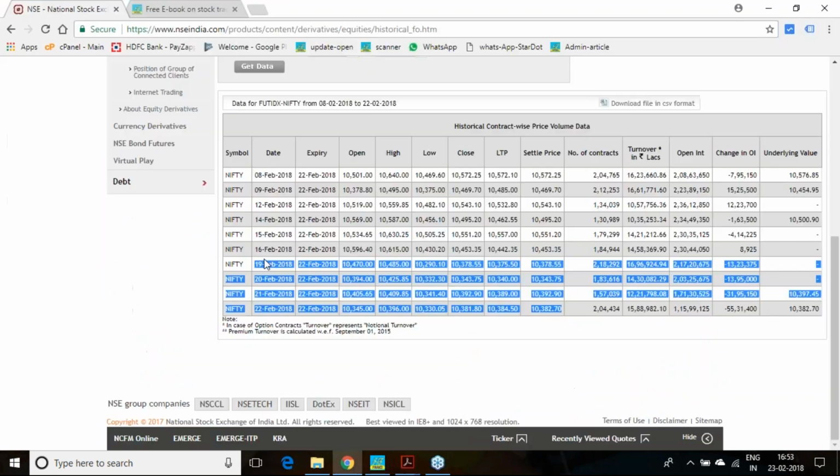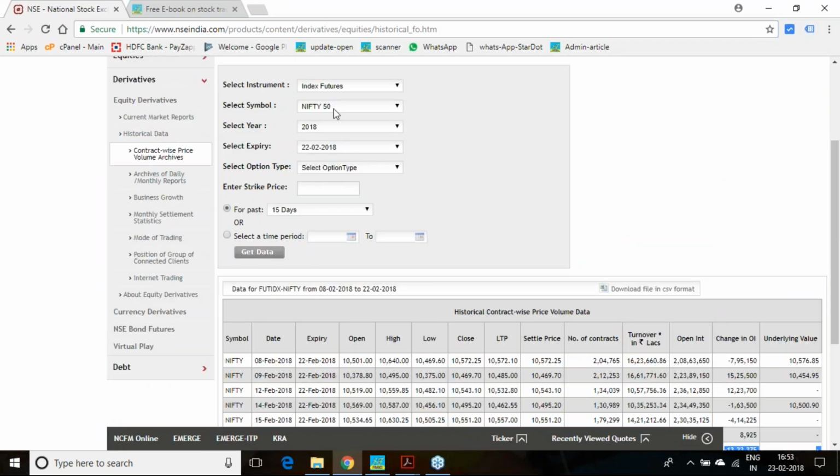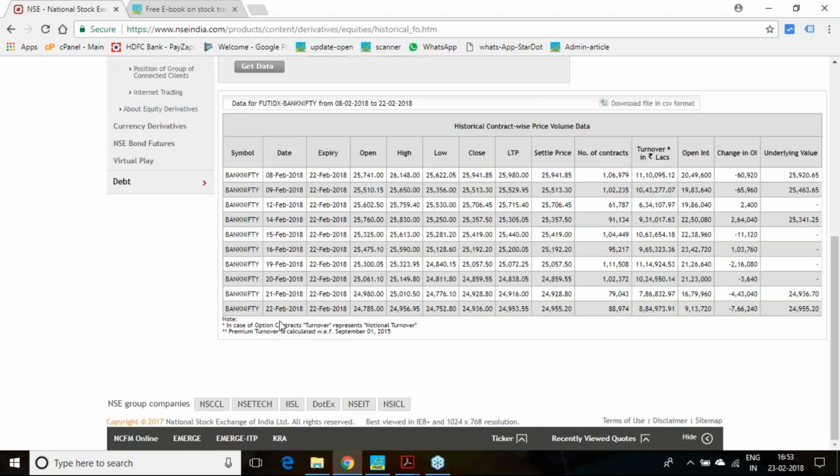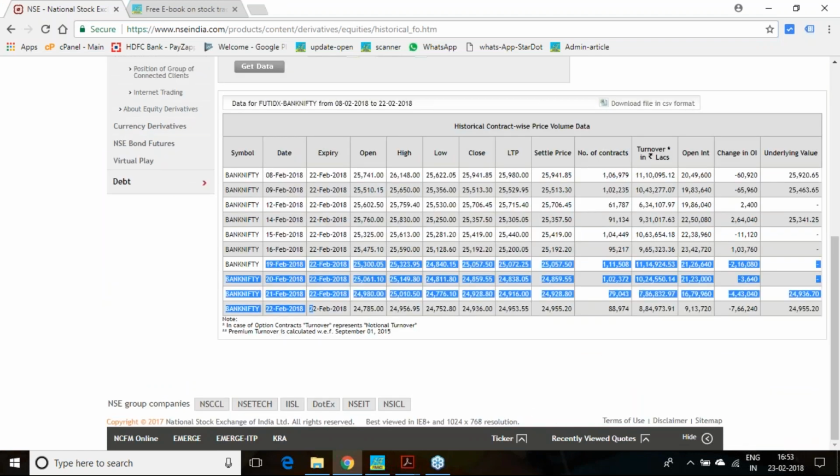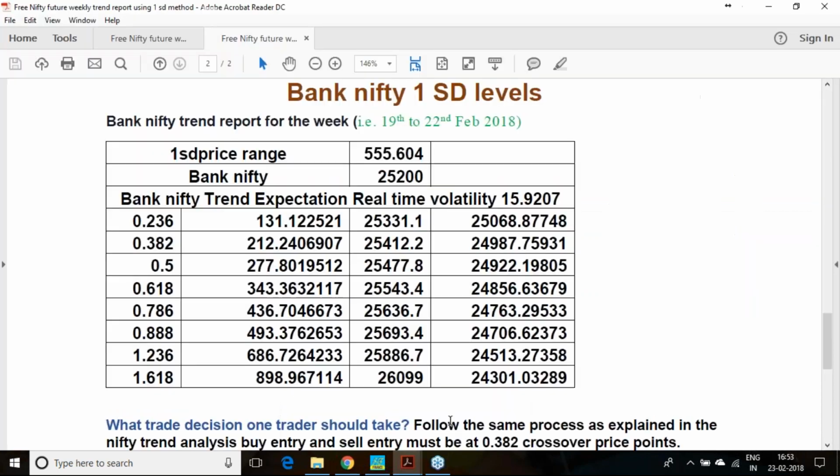Now moving to the Bank Nifty part, if I go to the Bank Nifty historic data for 19th to 22nd and focus on this, the opening was 25,300 and our level was 25,331 above.